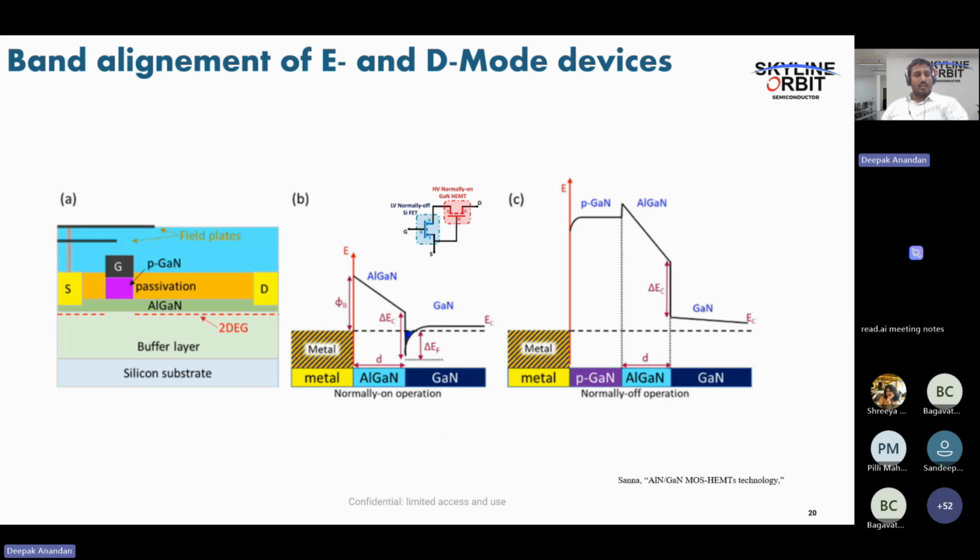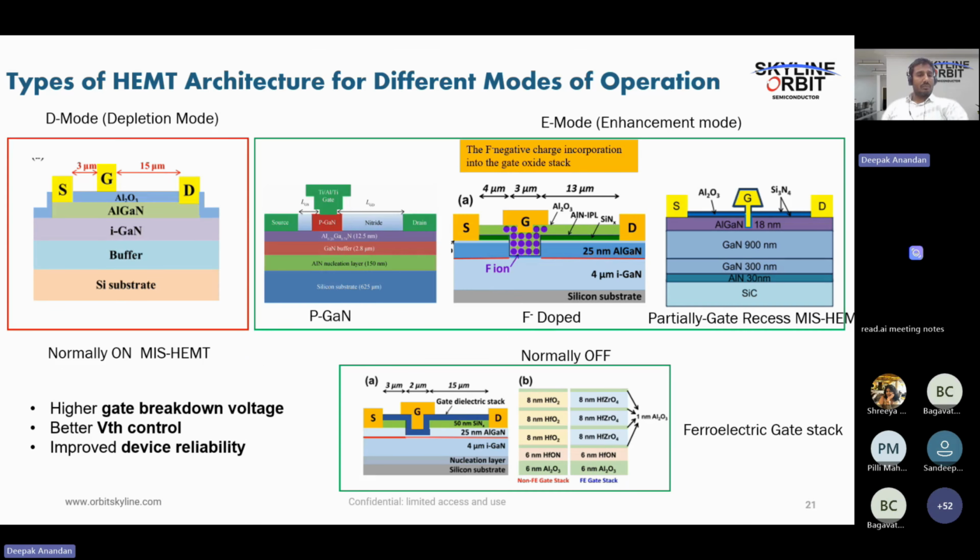Moving on, I said there are two different types of devices: normally on and normally off. Let's look at the device architectures which help us achieve normally on and normally off characteristics. If you take the left-hand side figure, this is basically a HEMT.